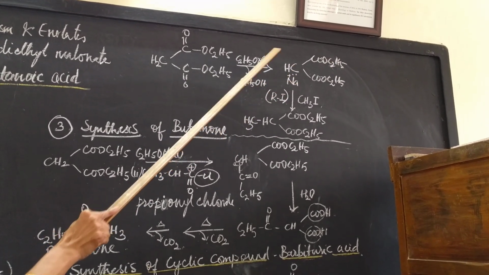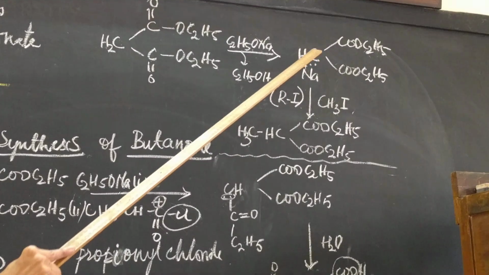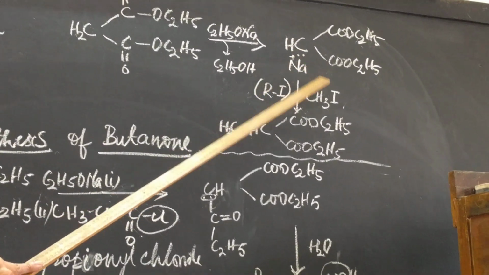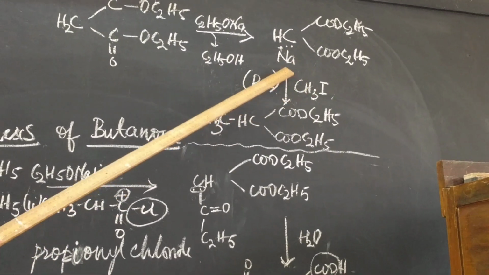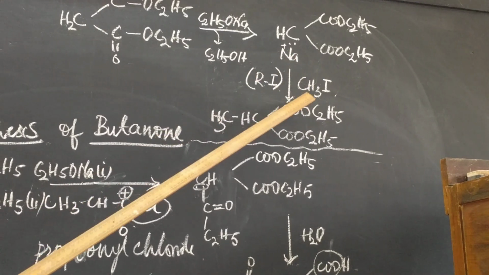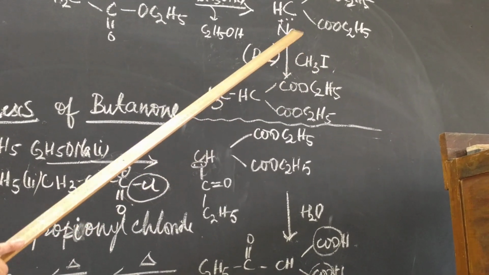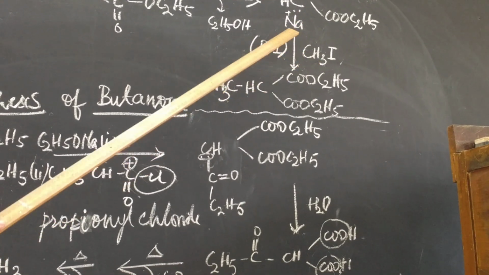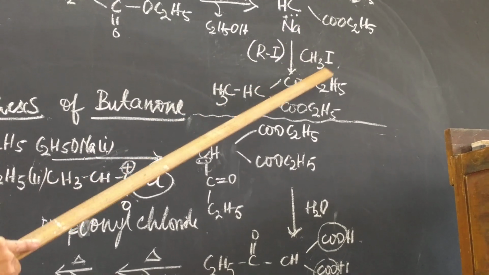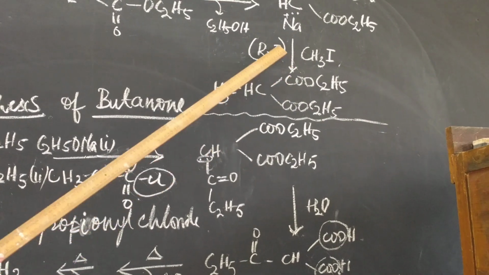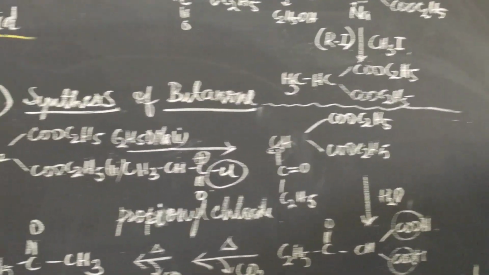Because this is reactive, there is polarization in the molecule. It can react with an alkyl halide depending on what compound I want. I will be changing this R group as I want it. So it can be tailor-made, and I can get various other products.